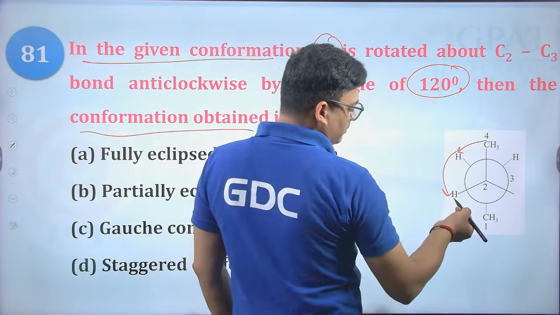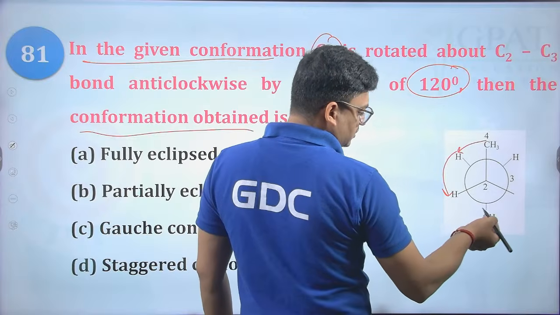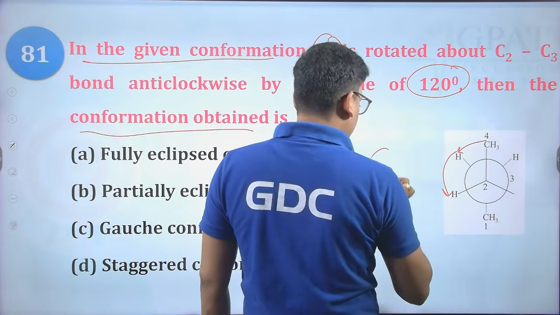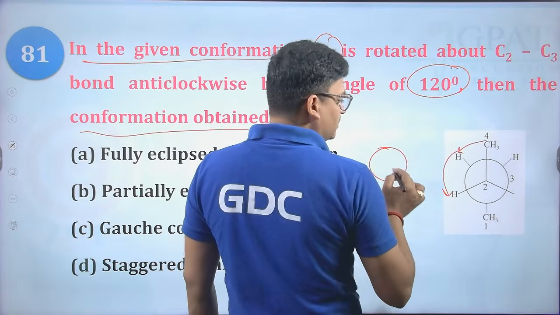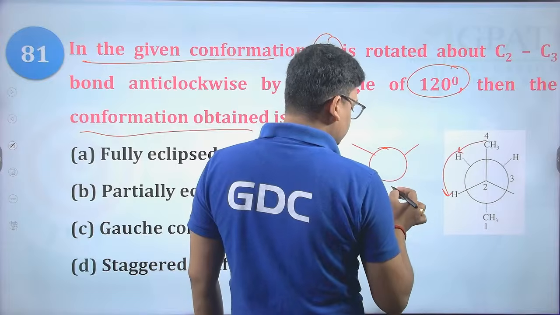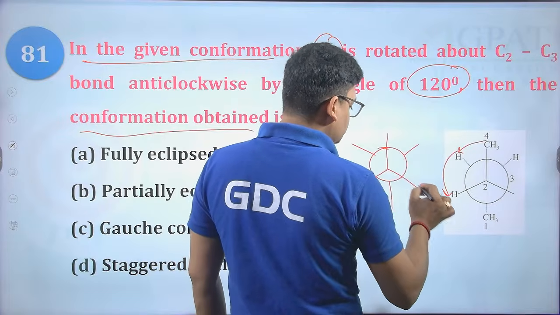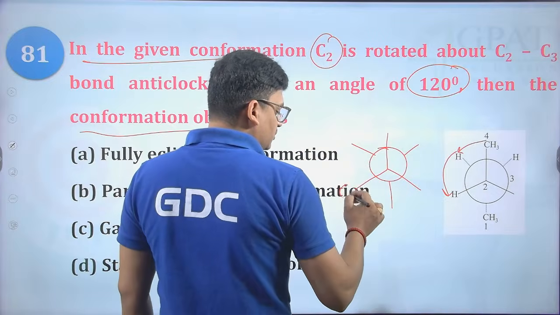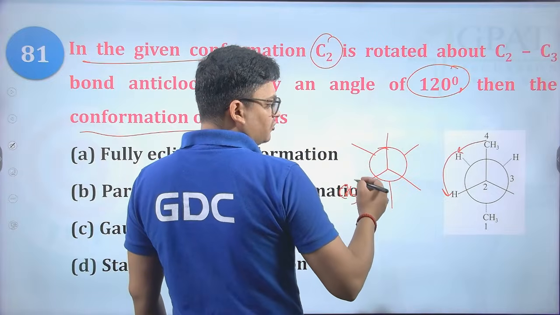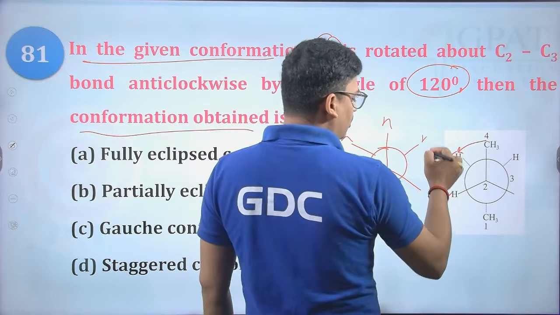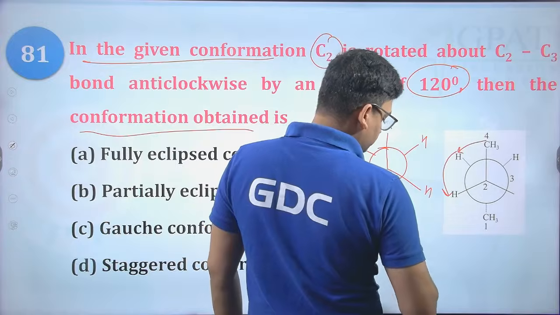So methyl will come to this position of hydrogen, this hydrogen will go here, and this will go to this position. Carbon 3 is not disturbed, and carbon 2 has a change of groups due to rotation. So CH3 moves to this position because of the anti-clockwise direction. Rest all remain the same.